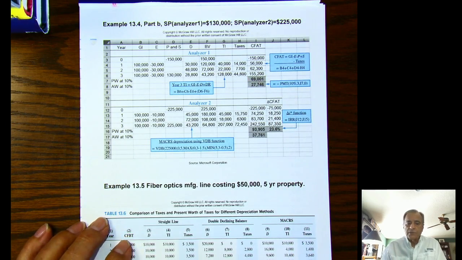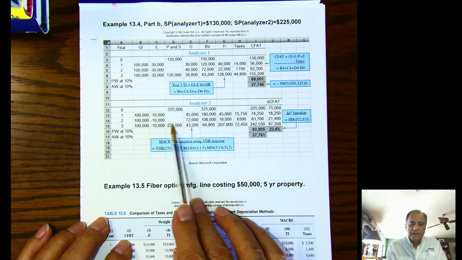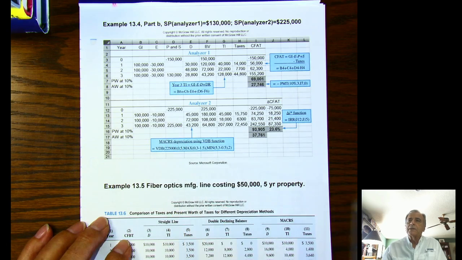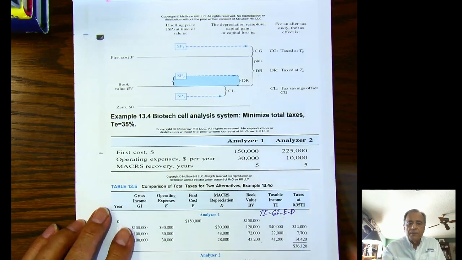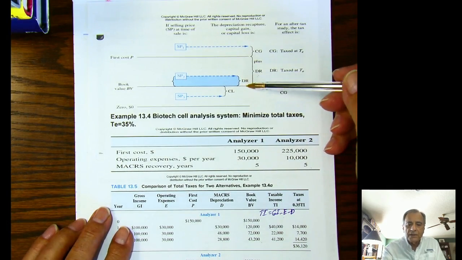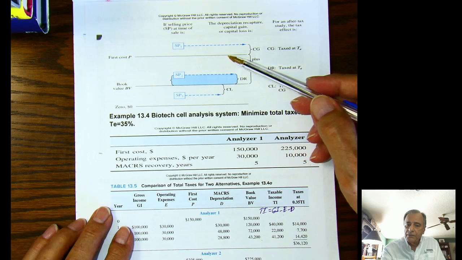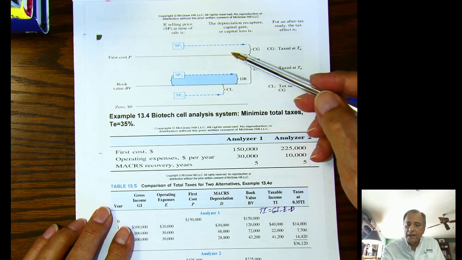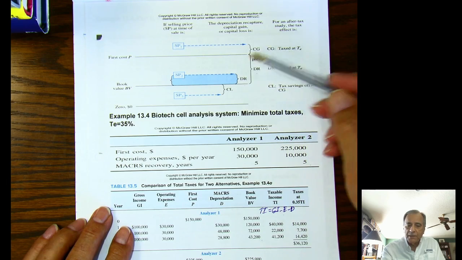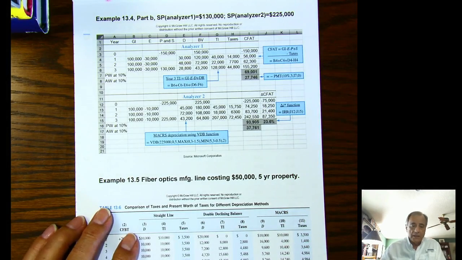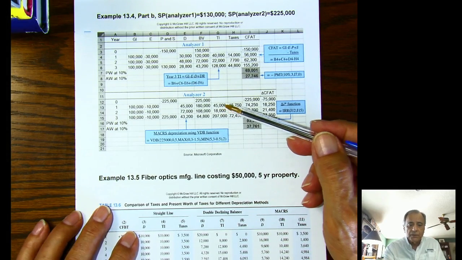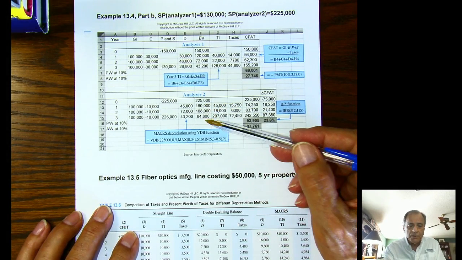For Analyzer 2, you're able to sell that for the exact same amount that you bought it for, $225,000. That's very unusual, but that's the case. So every bit of depreciation you took is now going to have to be recaptured, because it's not above the original price where you have a capital gain. There is no capital gain, but all the depreciation has to be recaptured, which is the sum of these 3 years of depreciation.